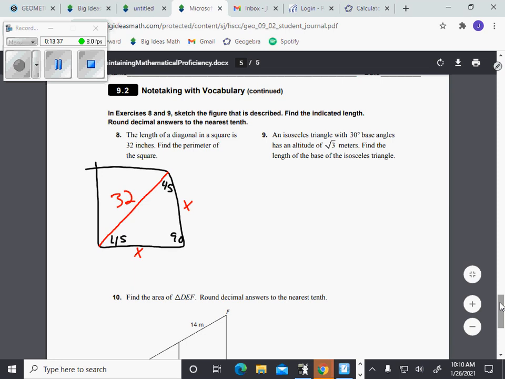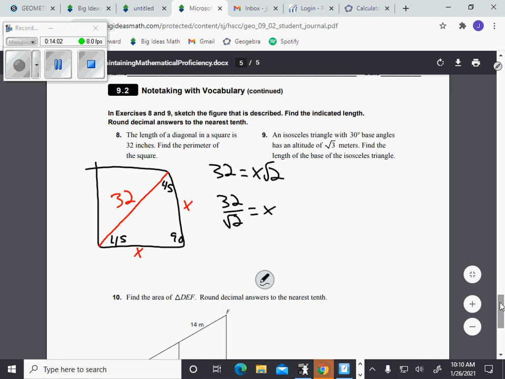Okay. What's our rule with a 45, 45, 90 triangle? Well, we know that 32 is equal to x times the square root of 2. Okay, so if I divide the square root of 2 on both sides, I get 32 over the square root of 2 equals x.